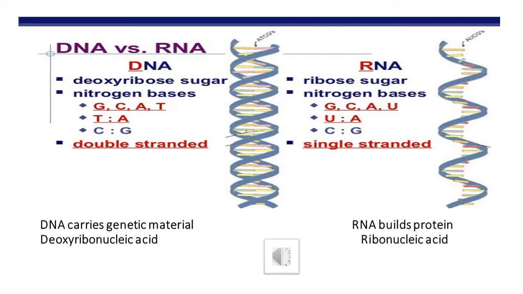So RNA has 4 nucleotides: A, U, C, G, adenine, uracil, cytosine, guanine. While DNA has A, T, C, G: adenine, thymine, cytosine, guanine.